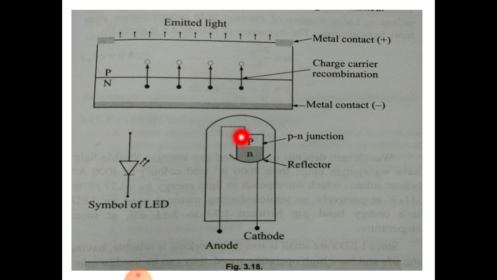So this P type region with metal contact is connected with the anode wire, and the N type region with metal contact is connected with the cathode wire. So when the voltage is applied, the current is emitted in the form of light which is reflected outward from the P type region.